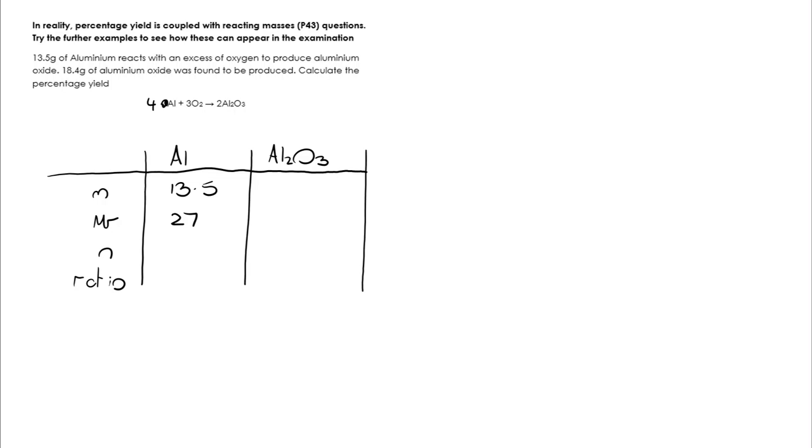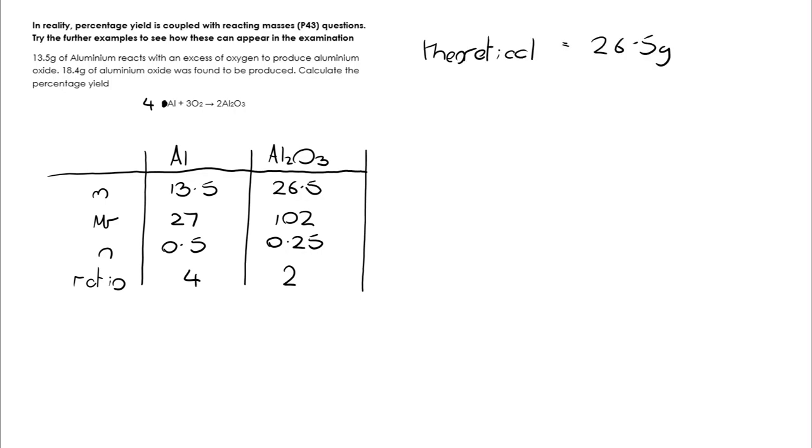The aluminium, 13.5, with an MR of 27 means that I've got 0.5 moles. I then look at the equation, which has a 4:2 ratio of aluminium to aluminium oxide. Now that means that for the half mole of aluminium, I'll make 0.25 moles of aluminium oxide. Aluminium oxide has an MR of 102, and that tells me my theoretical mass was 26.5 grams.